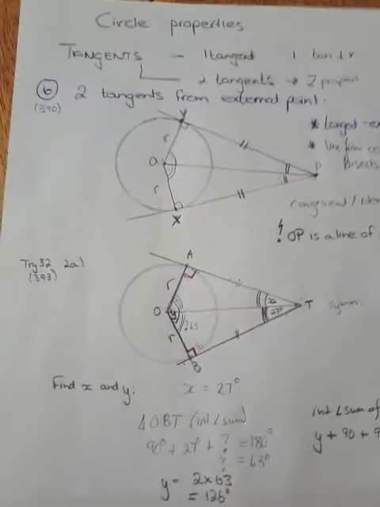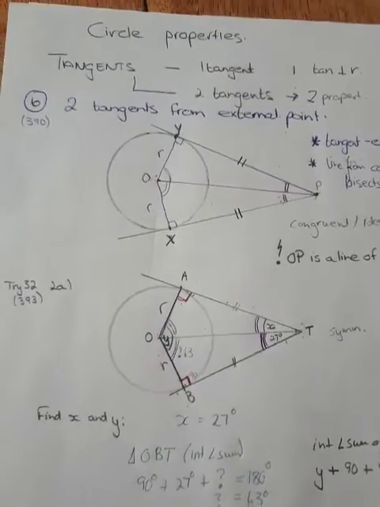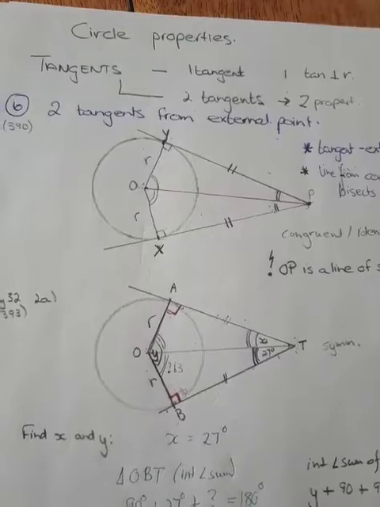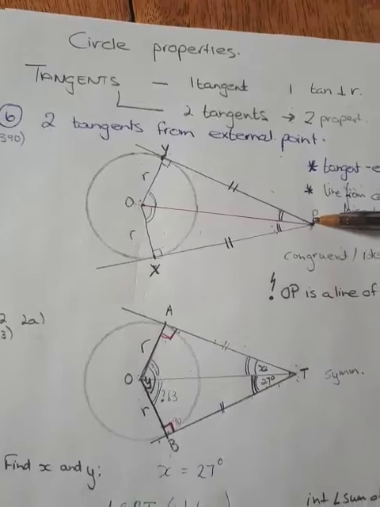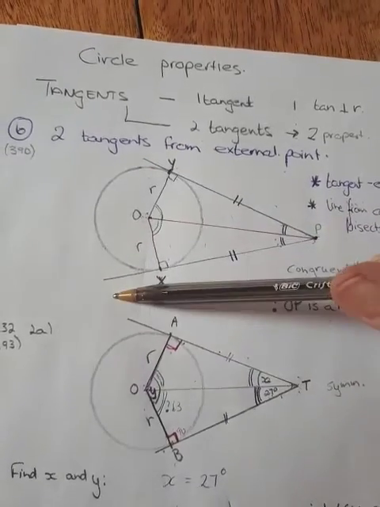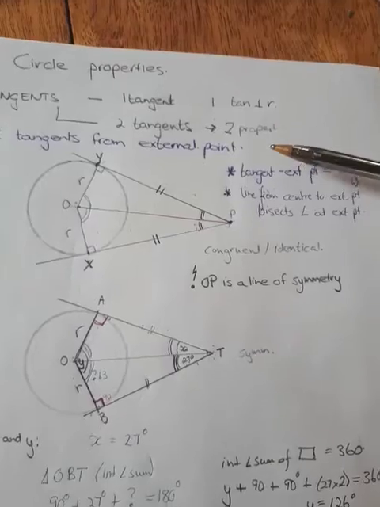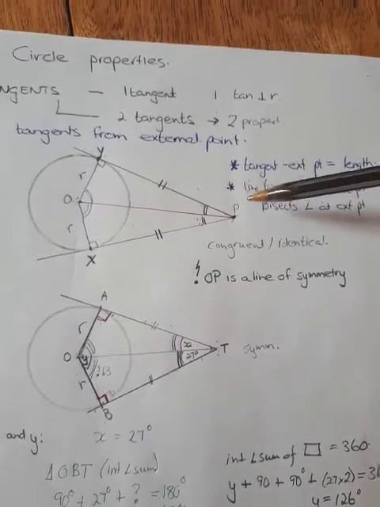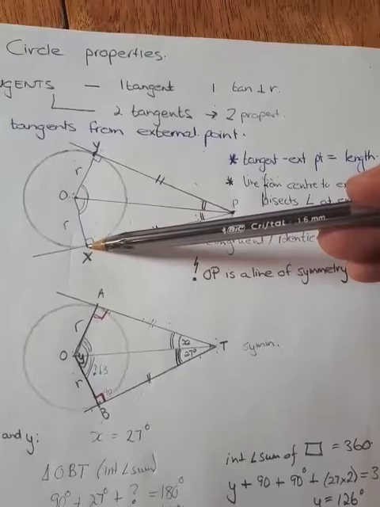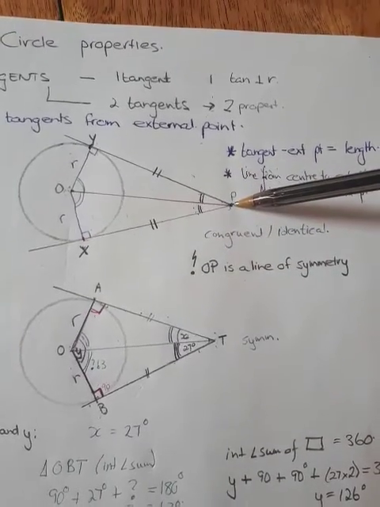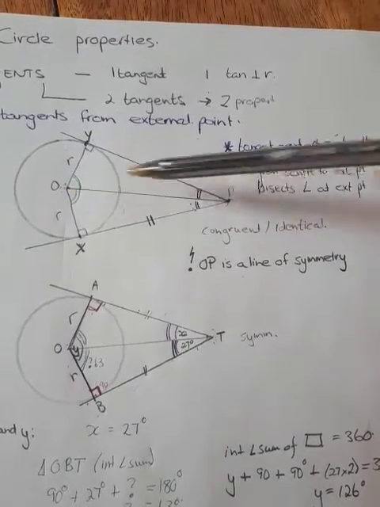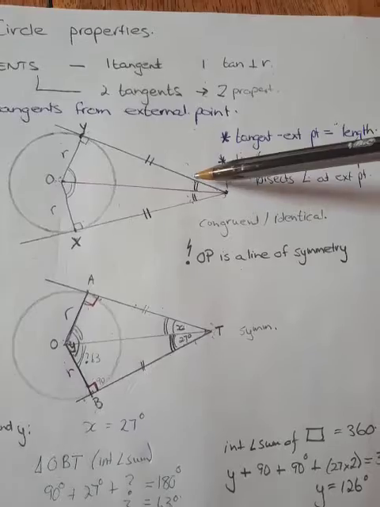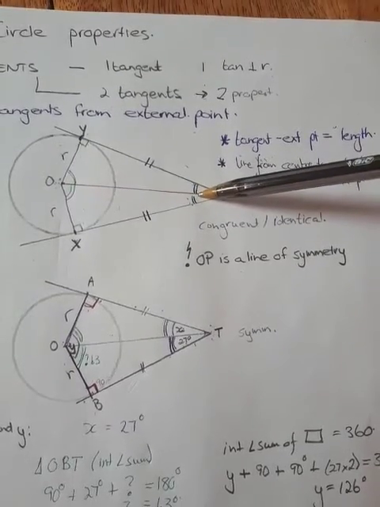All right, let me just revise quickly the property that involves two tangents from an external point. Remember, you must have an external point and you must have two tangents. Then the property says that the lines from where the tangents touch the circumference to the external point are equal in length, and the line that goes from the center to the external point bisects the angle at the external point.